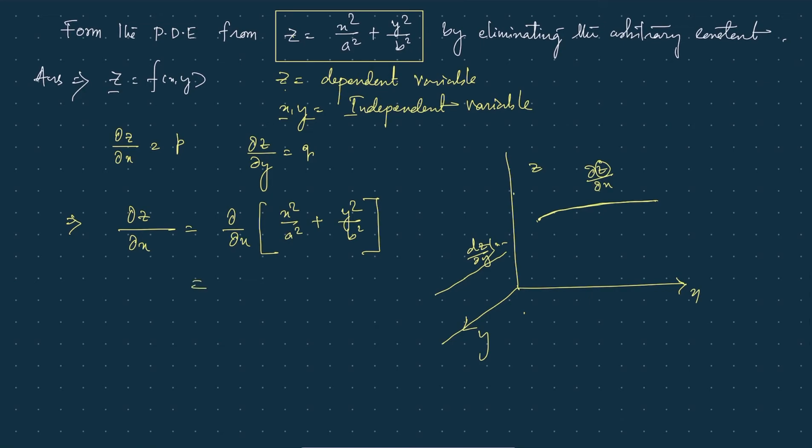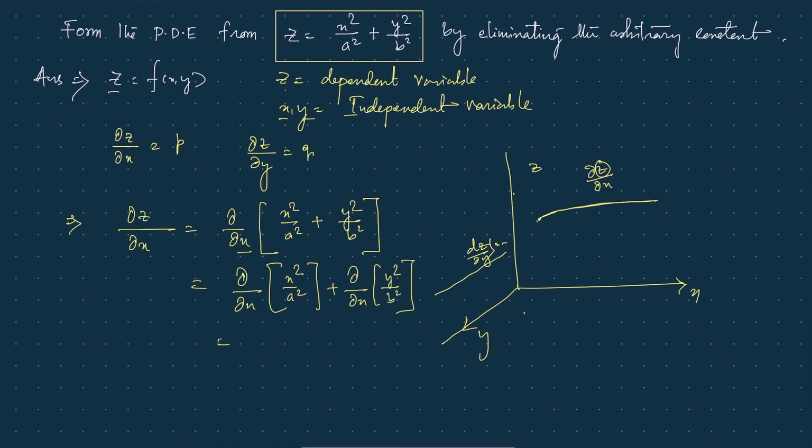Then y is constant when we are differentiating with respect to x, so only x will change, y will be constant, so the derivative of a constant is always 0. That's why I'm going to write it like this: dou by dou x of x square by a square plus dou by dou x of y square by b square.